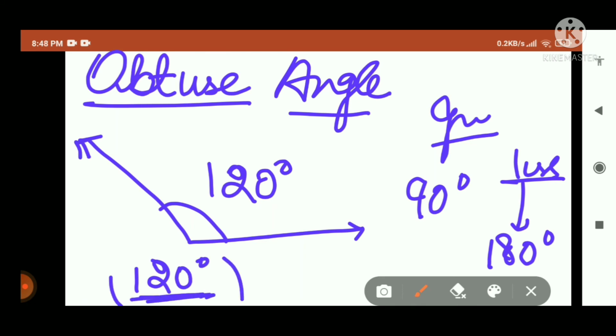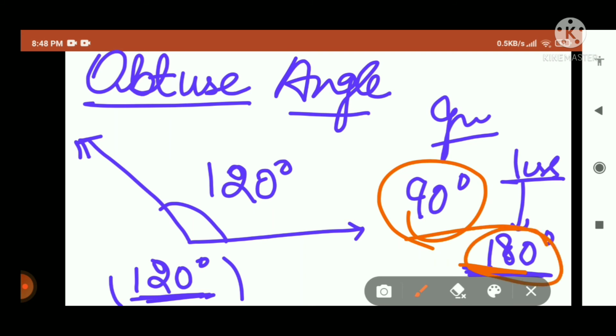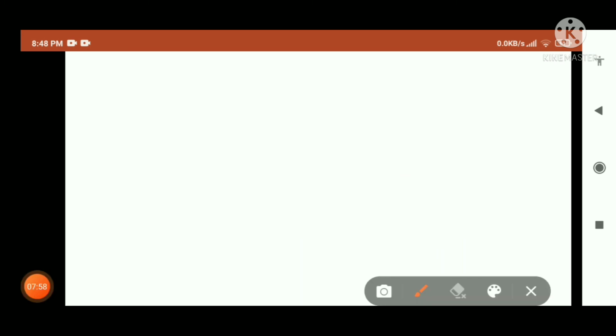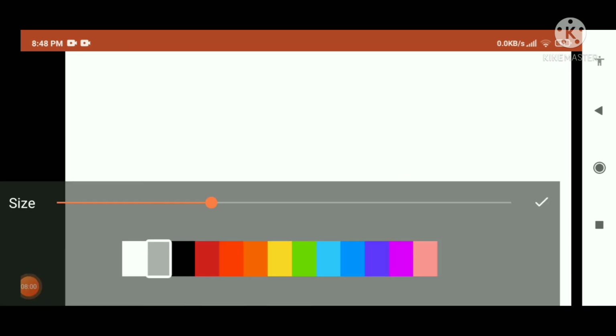It is less than 180 degree and it is greater than 90 degree. So an angle which is greater than 90 degree and less than 180 degree is called an obtuse angle. This much clear? I hope so. It's really easy peasy for you.